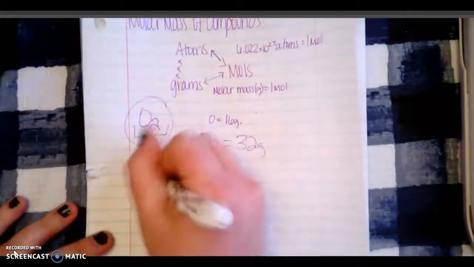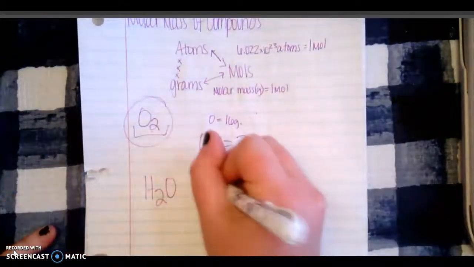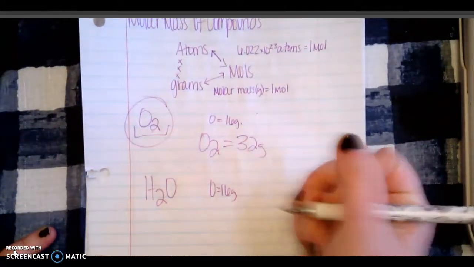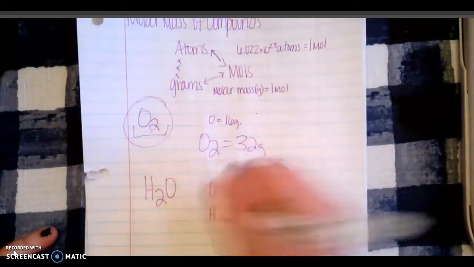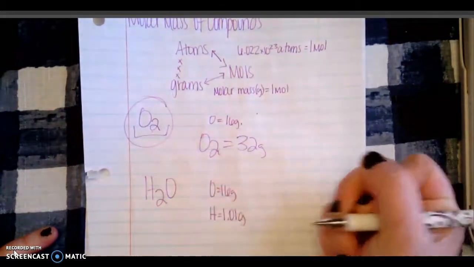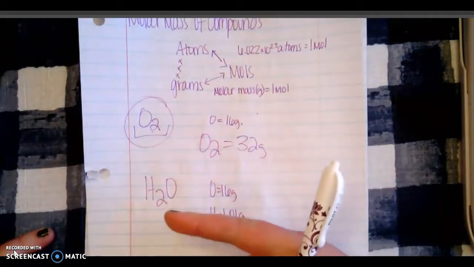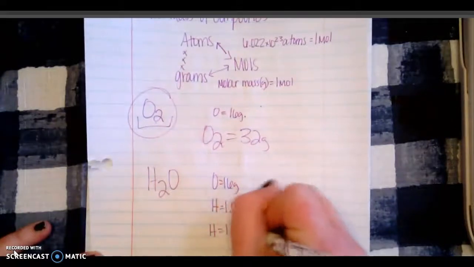Okay, what about if I have H2O? I know that 1 mole of oxygen weighs 16 grams. And looking at my table, I can see that hydrogen weighs 1.01 grams, so a mole of hydrogen is 1.01. But I don't just have 1 hydrogen, I have 2, so I have to put that 1.01 on there twice.